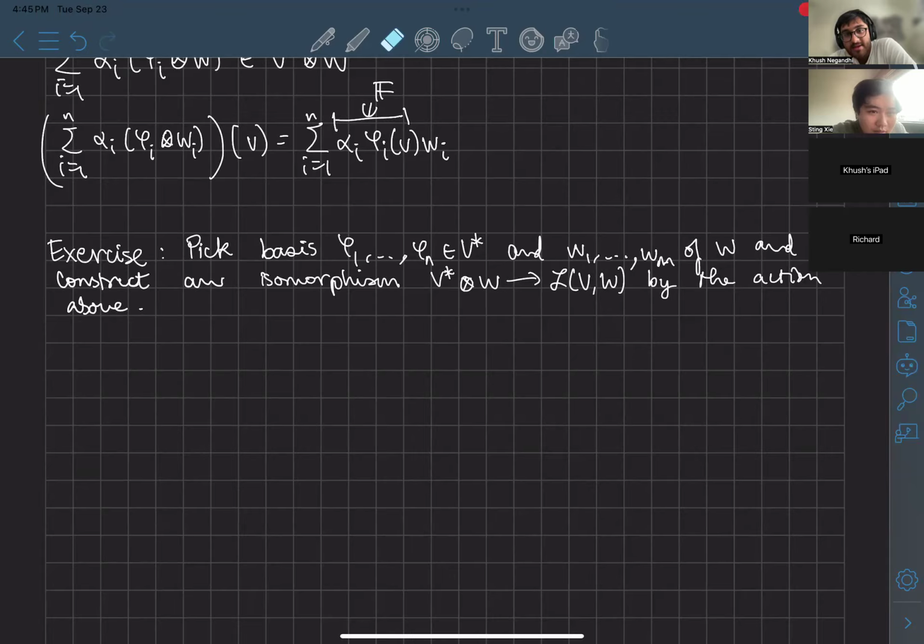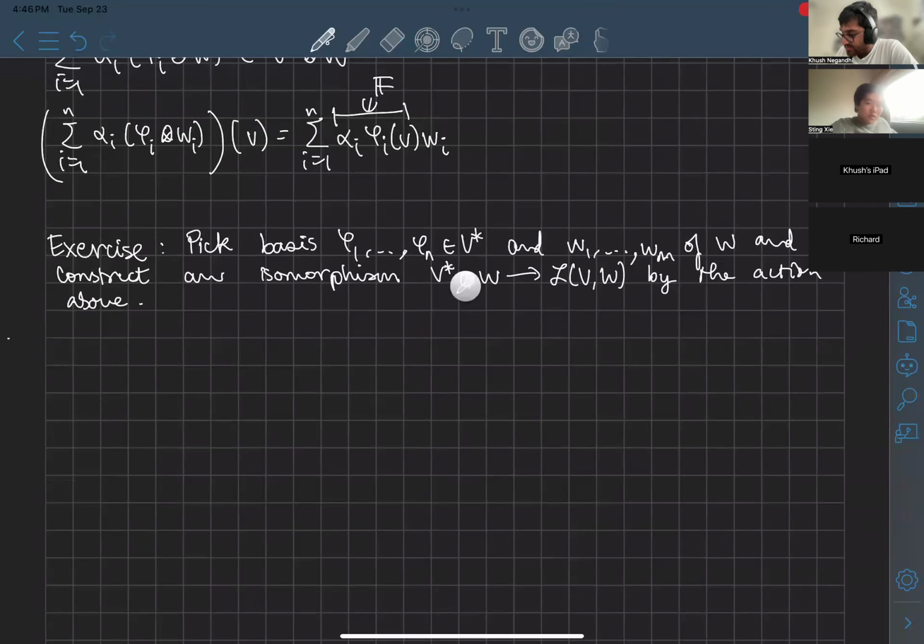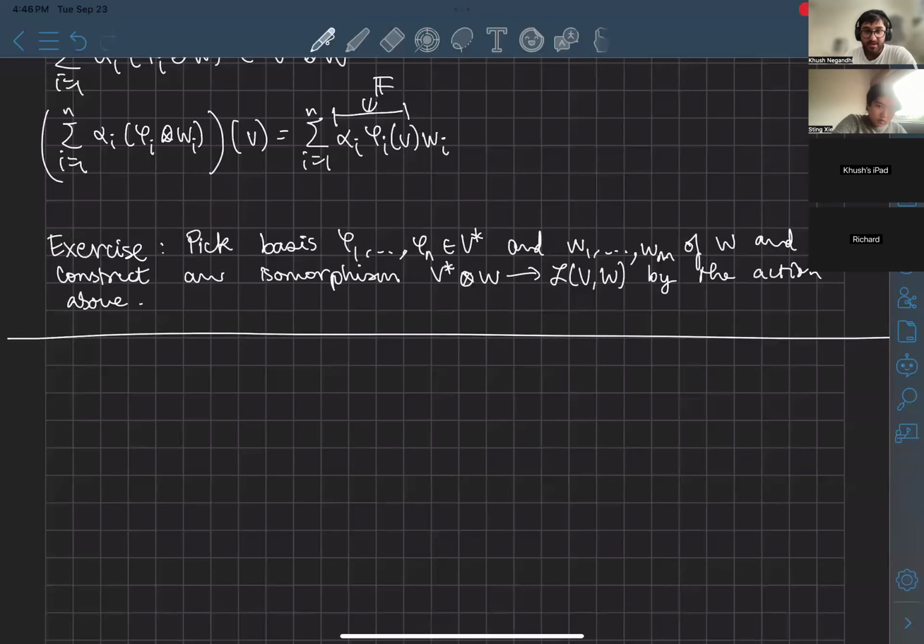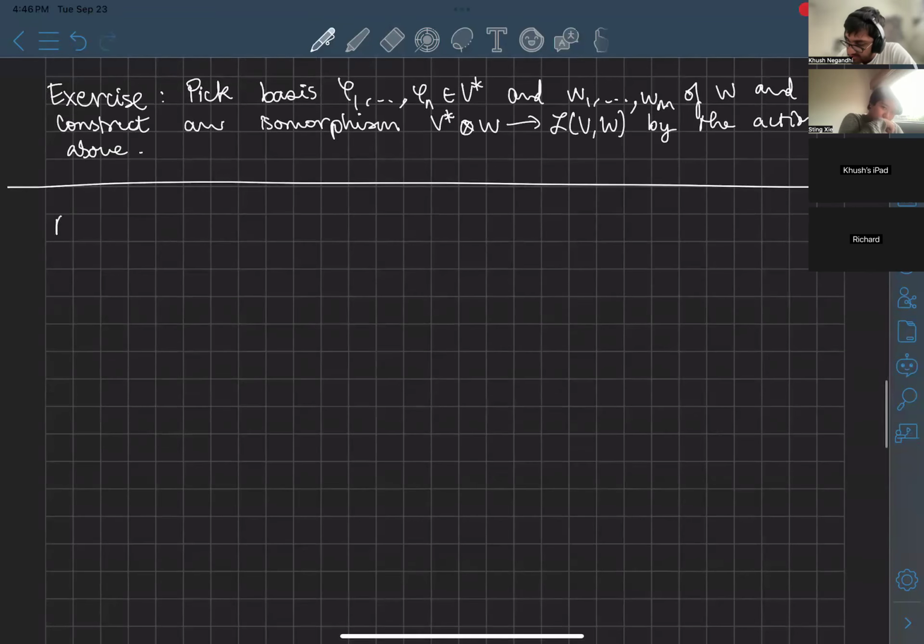No. Okay, let me just define it very quickly, because we will use the notion of an algebra a lot. So an algebra over R or C is a vector space.